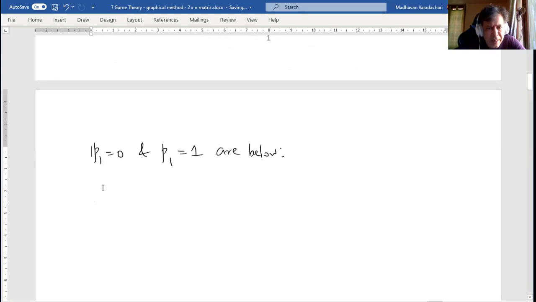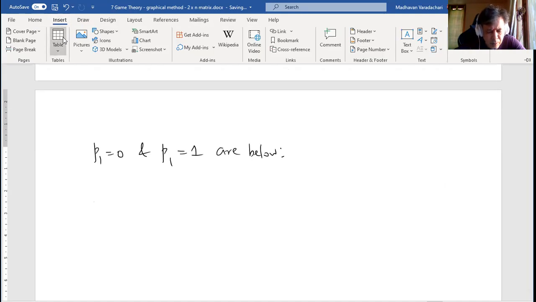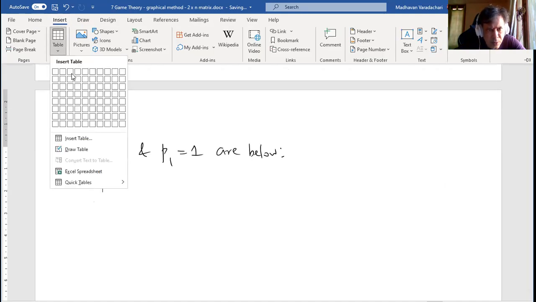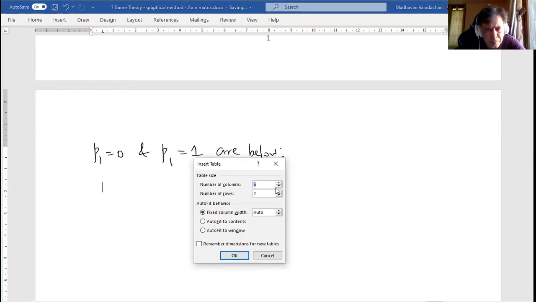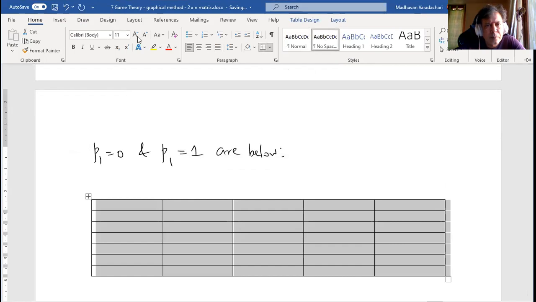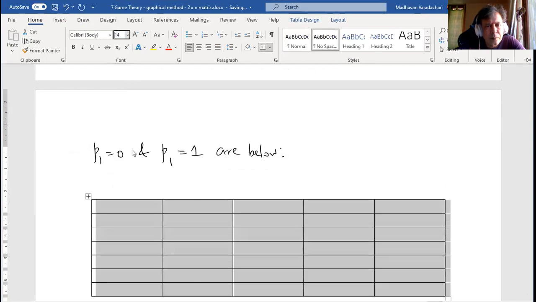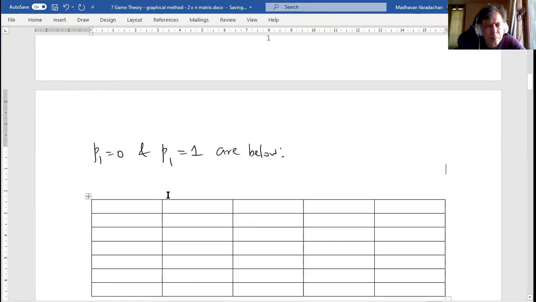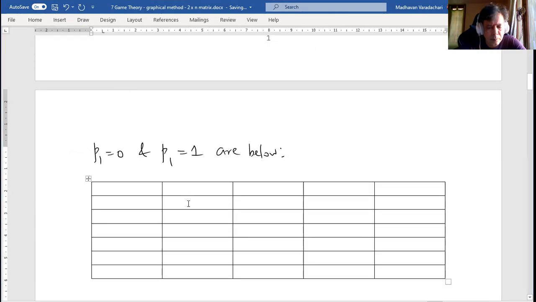I will be creating a table below. Table having 7 rows and then 5 columns. Here, I'll merge these two.